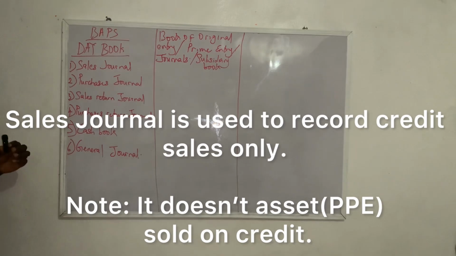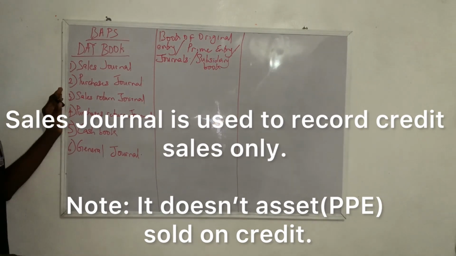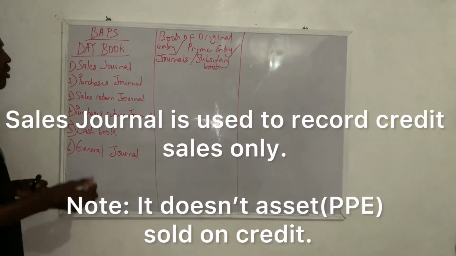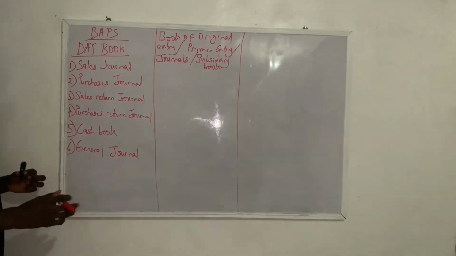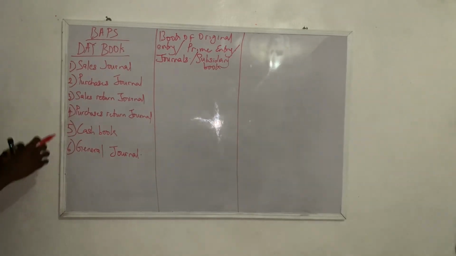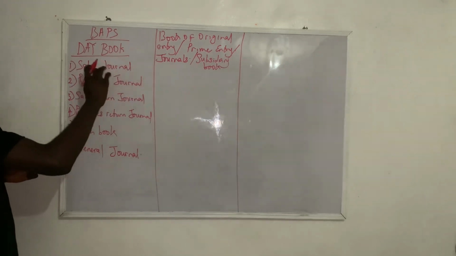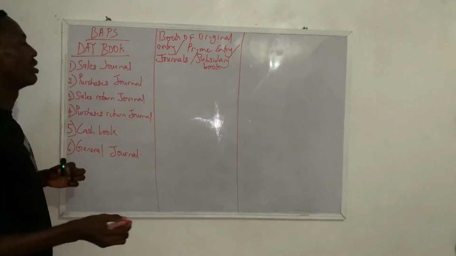Now, sales journal or sales day book, we use it to record what? Credit sales. Now, what are the items or the details that form the sales day book or purchases day book, which you can also call sales journal or purchases journal?